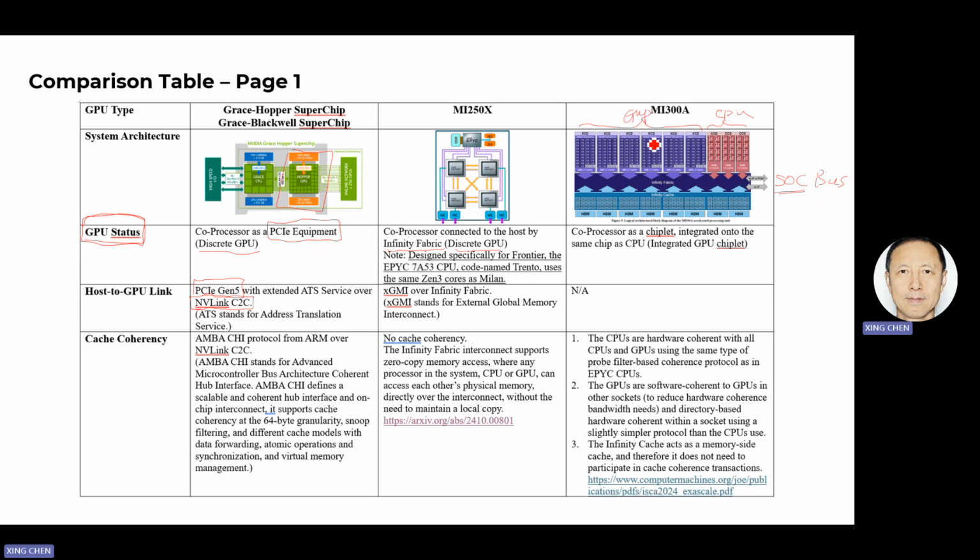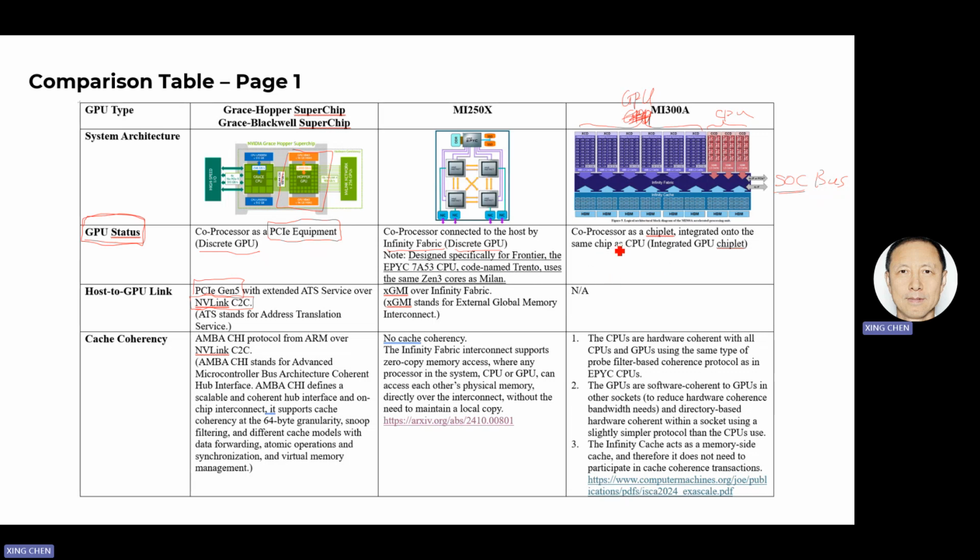So right now, the GPU is connected to the system bus the same way as the CPU. So definitely it's not anymore a PCIe equipment. It's a processor.